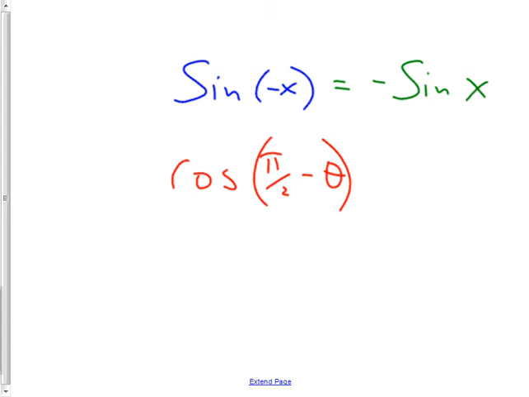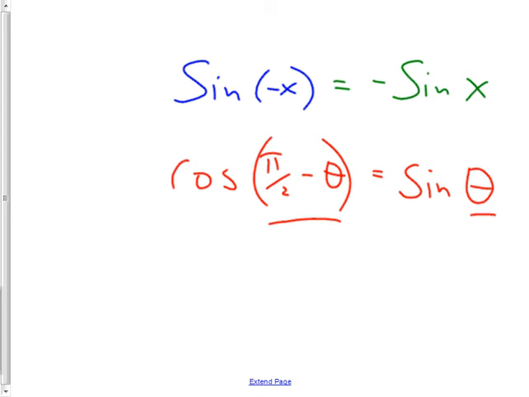Could you replace that with something? Hope you remember those are the cofunctions. So sine goes with cosine, secant goes with cosecant, tangent goes with cotangent. Well, cosine goes with sine, so this would be sine of theta. Because remember how this and this together have to add up to 90, or pi over 2 in this case?